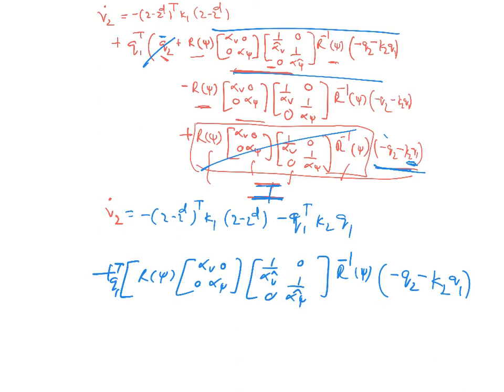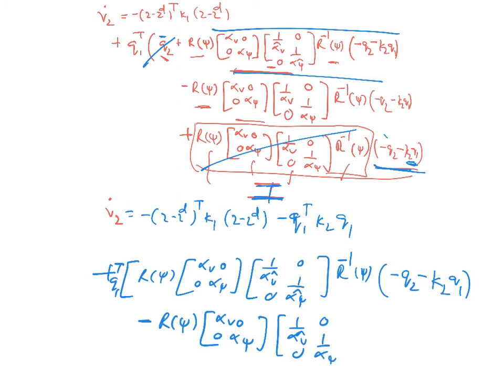Okay, now in this we can take a couple of things common. If I write again, this is minus R psi alpha V 0 0 alpha psi, 1 over alpha V hat 0 0 1 over alpha psi.